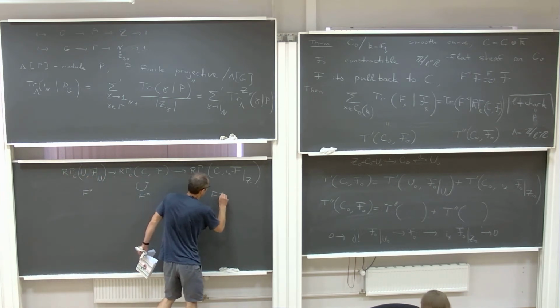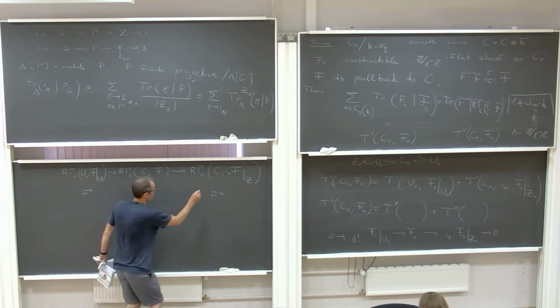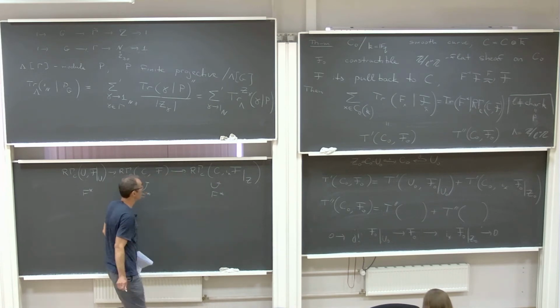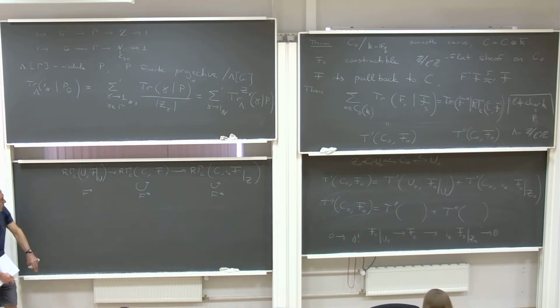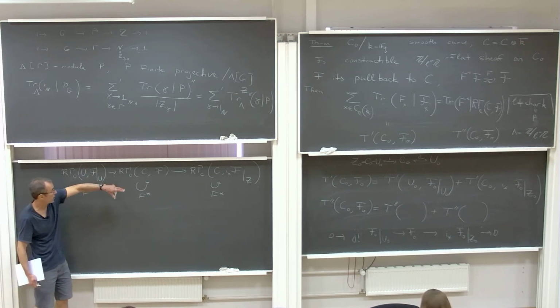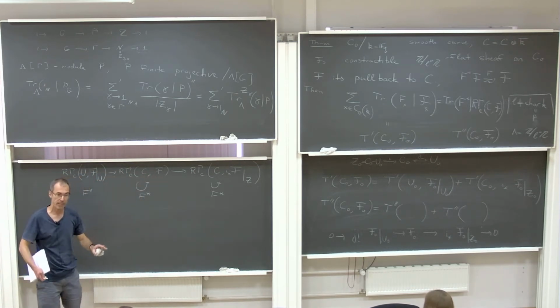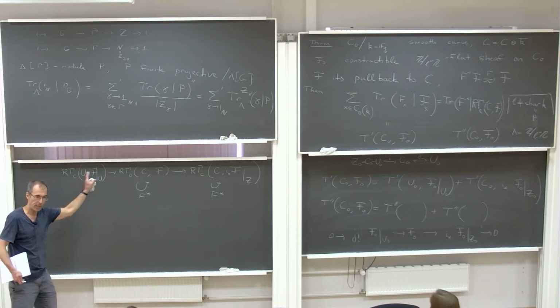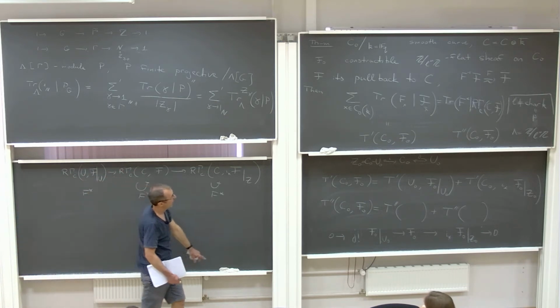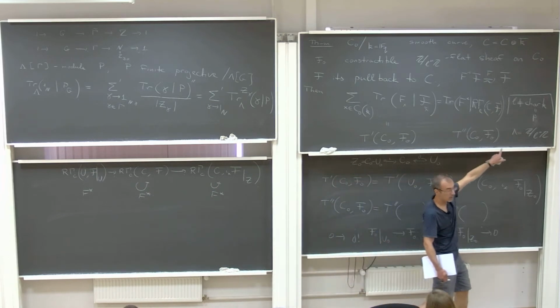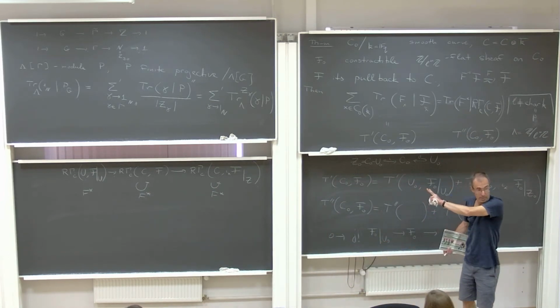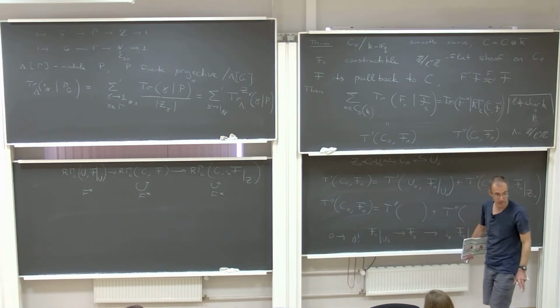Recall that our first attempt, so what we want to show is additivity. We want to show that the trace here is equal to the sum of the two traces. And I gave an example that in general, for an exact triangle of modules over this ring with an endomorphism, this additivity fails.